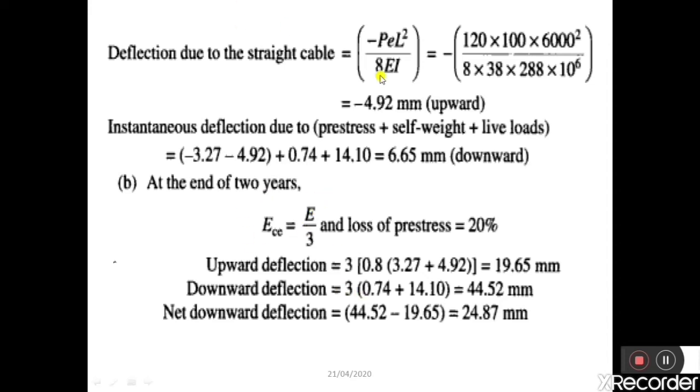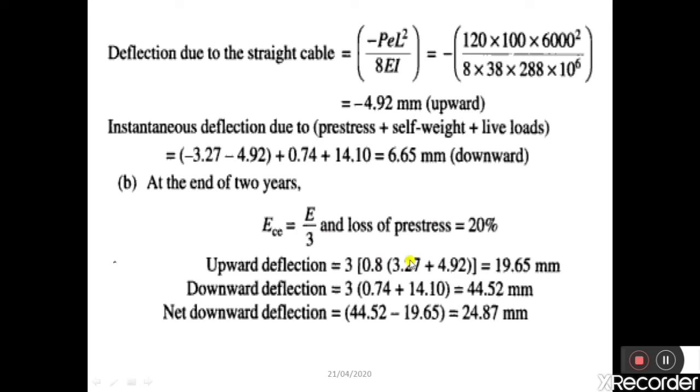So here we have E, so E is equal to 1 by 3. If 1 by 3, I will just cross multiply this. So I will transfer 3 towards here, and 0.8 is the loss ratio, 0.8 into 3.27 plus 4.92.